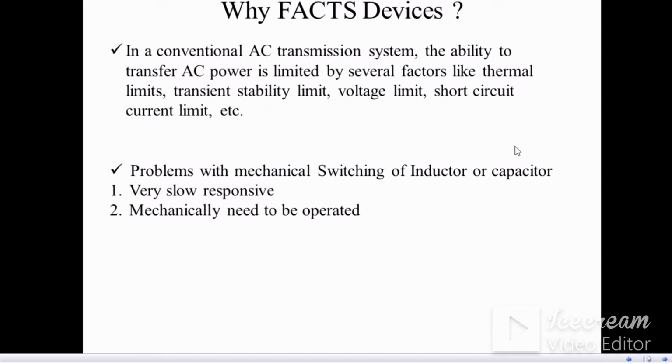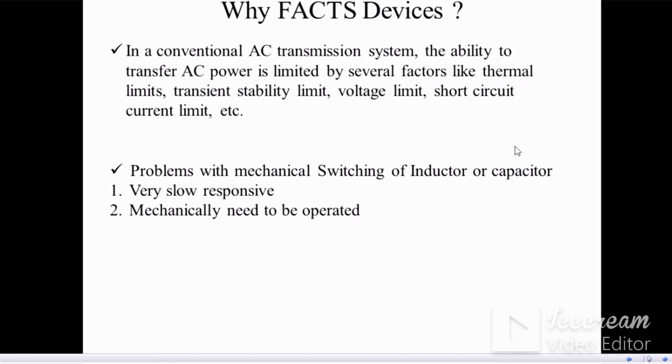But the problem with these mechanical switches is they have to be operated manually. They are not at all automatic. Since they are not automatic, it is not flexible to use these mechanically operated impedances such as inductors and capacitors.